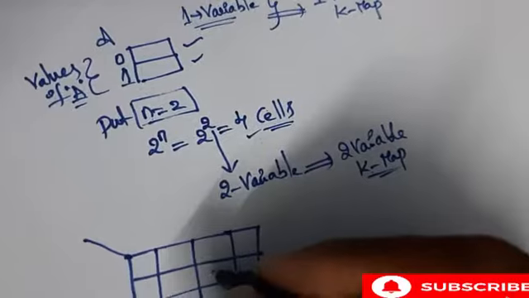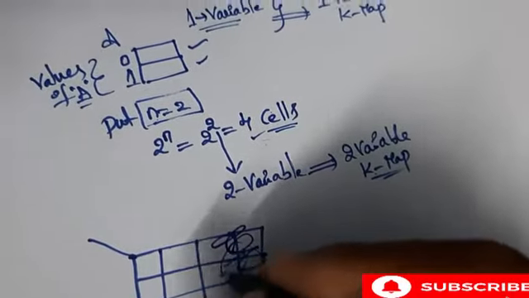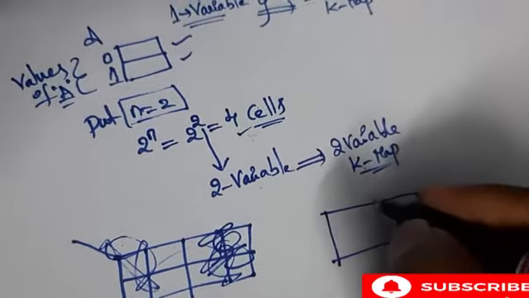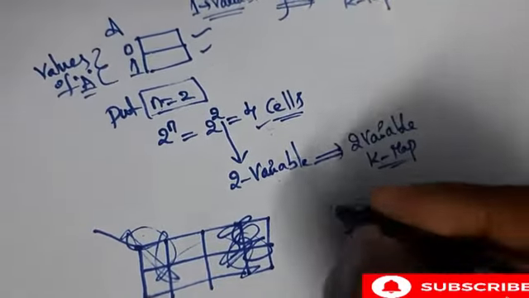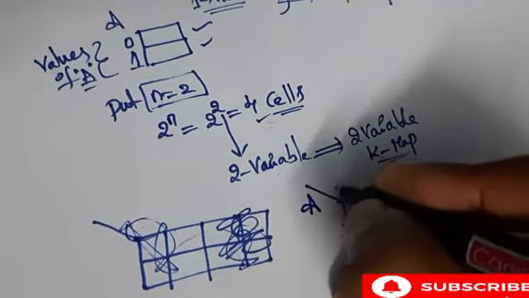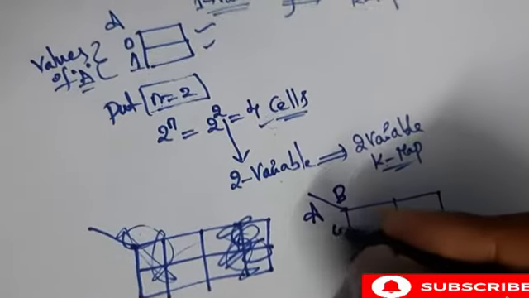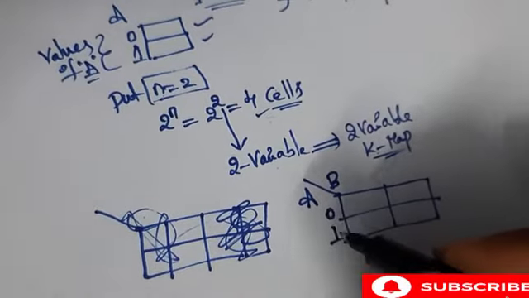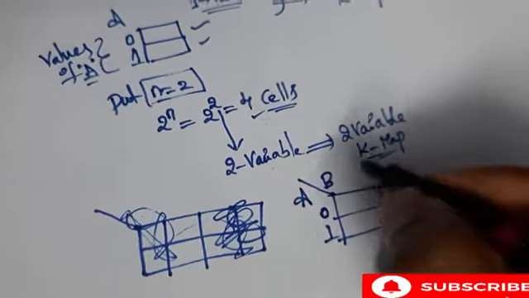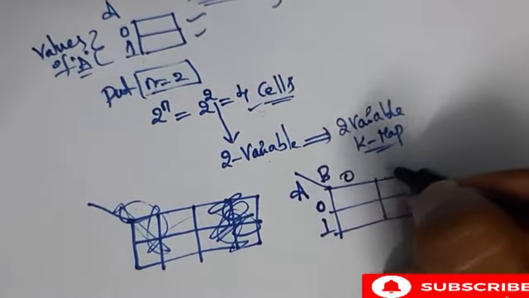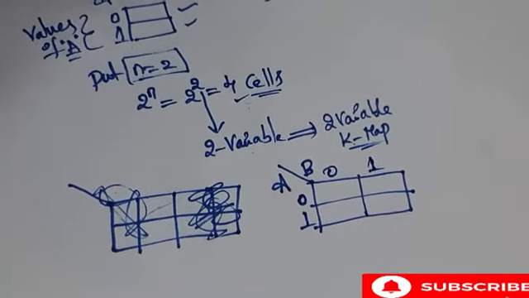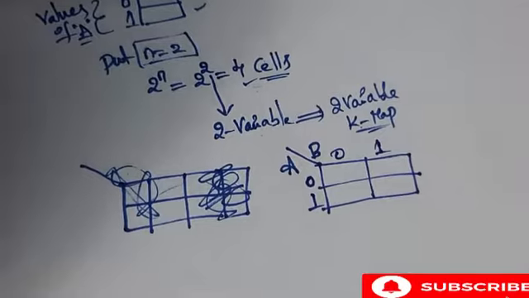A, B, 0, 1. The 0 and 1 will be the values for A, and the values for B will be 0 and 1. This is said to be the two variable K-map.